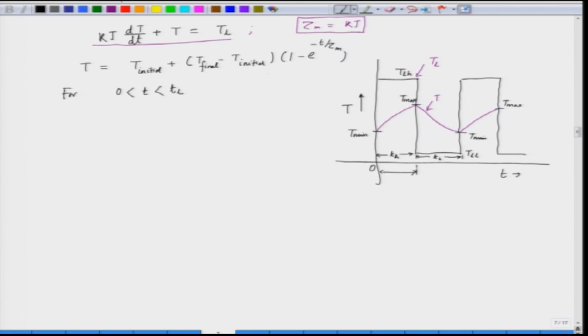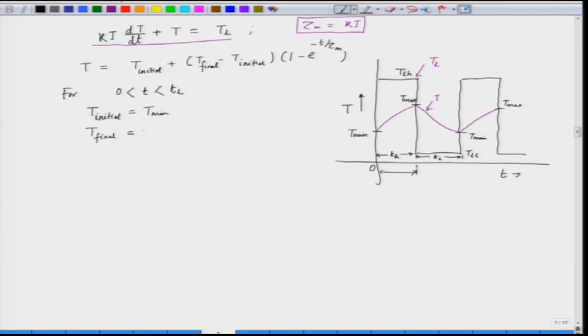we can write down what is T initial and T final. So, what is T initial? If we see this particular curve, T initial is T minimum, the minimum value of torque. What is T final? T final here, if it is allowed to continue and if we maintain this high load torque, T final will ultimately reach TLH.